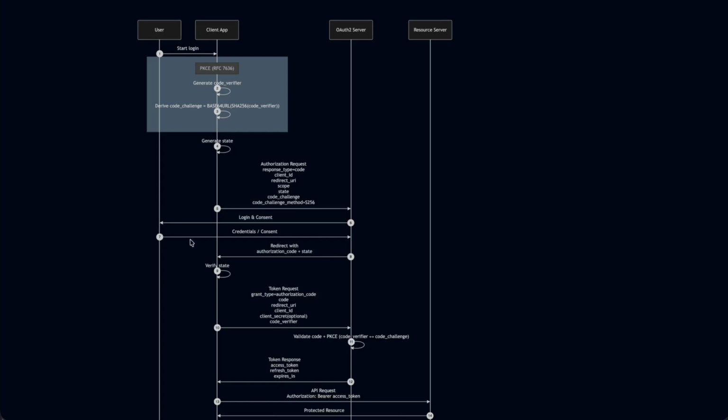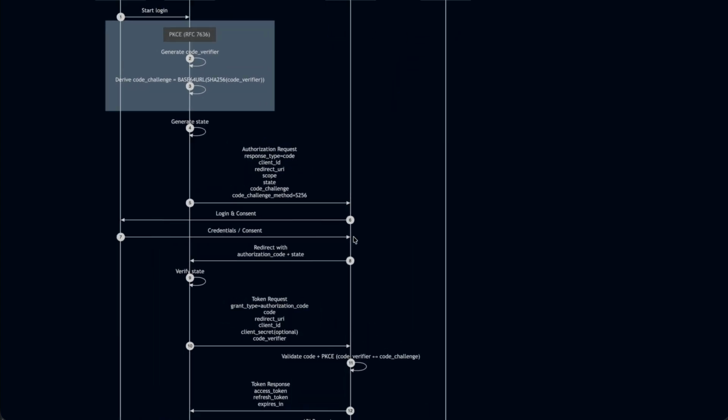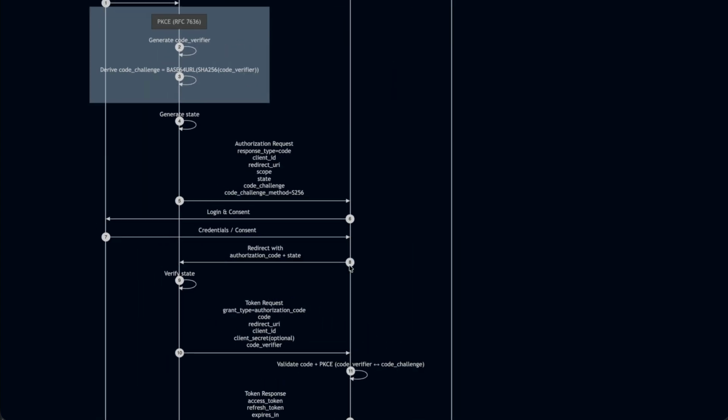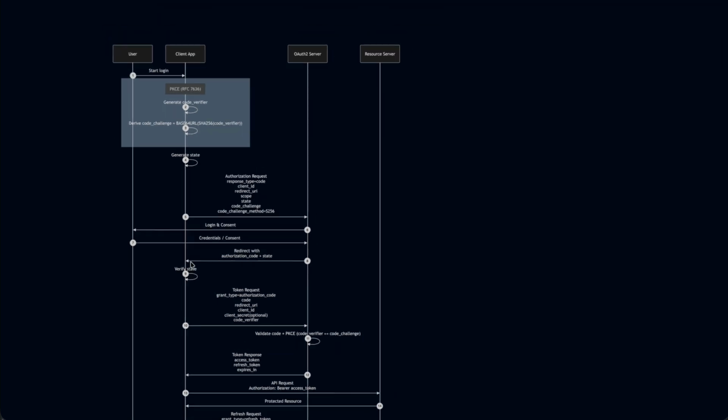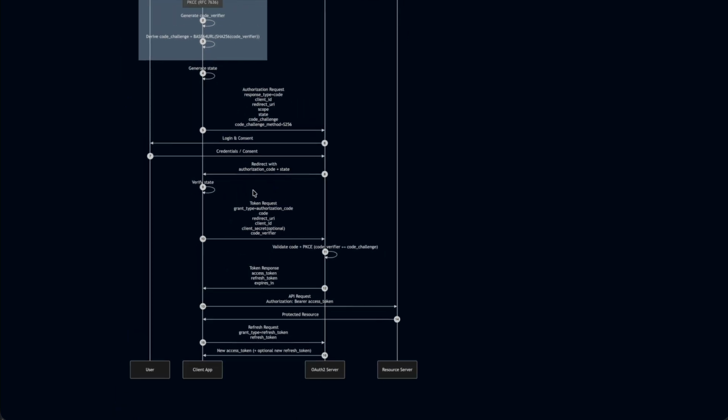After the user gives its credentials and gives consent, then the OAuth server sends to this client app an authorization code. So this is a temporary code and the state that it has received here.